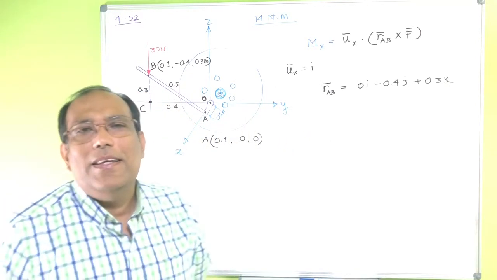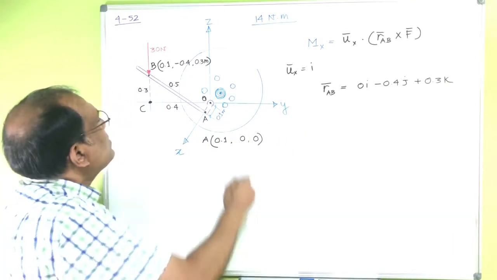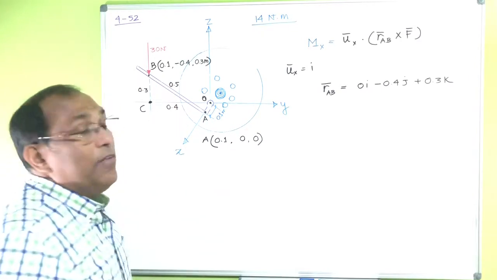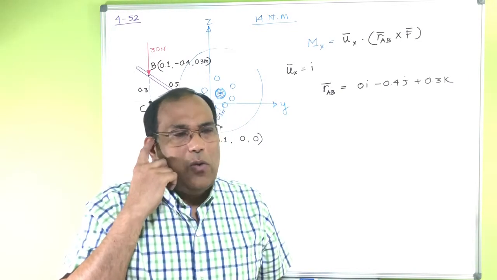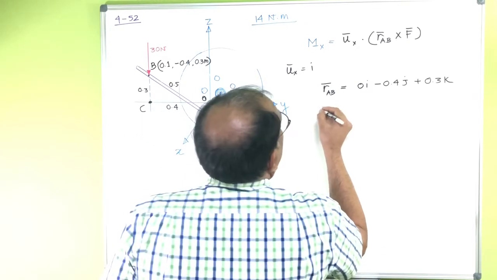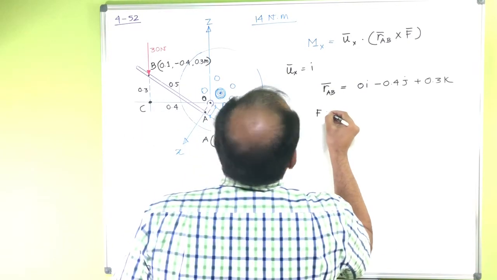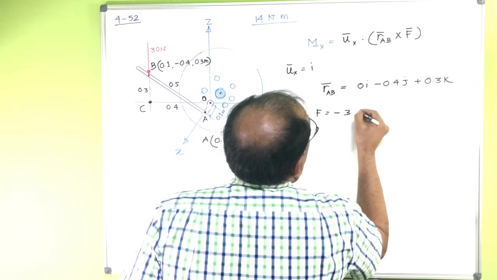Now we have to convert the force into a Cartesian vector, but they are saying it is working vertically down, so the force is basically minus 30 k.